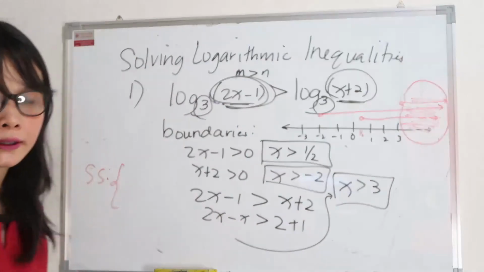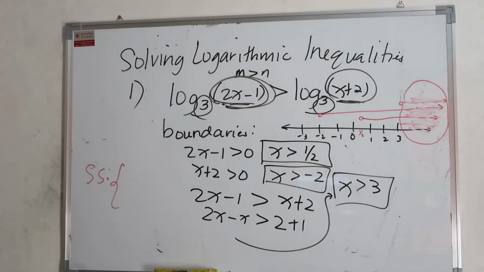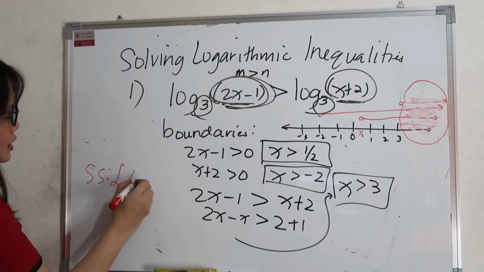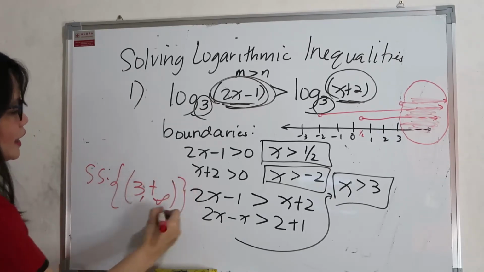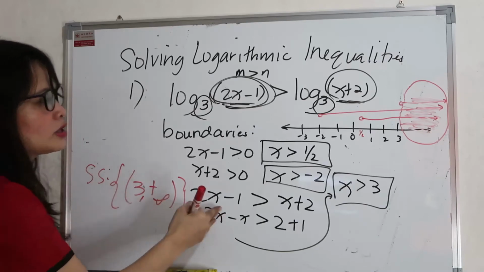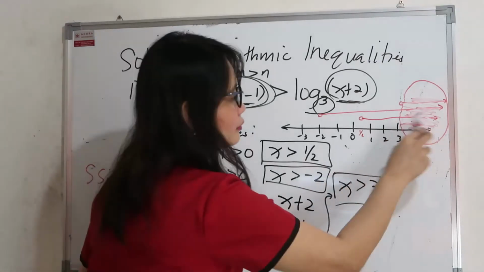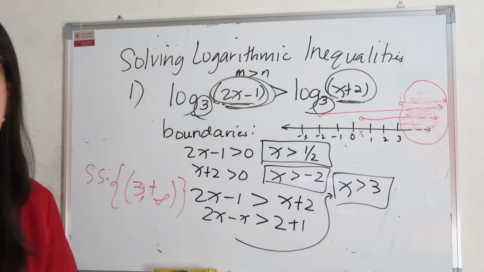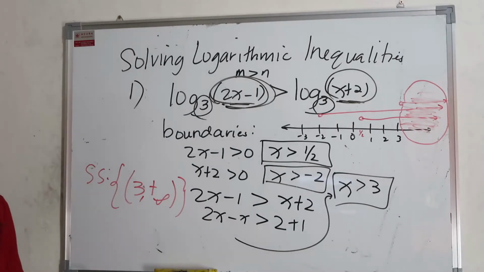So the answer must be 3 going to positive infinity. So that's how we solve logarithmic inequalities.